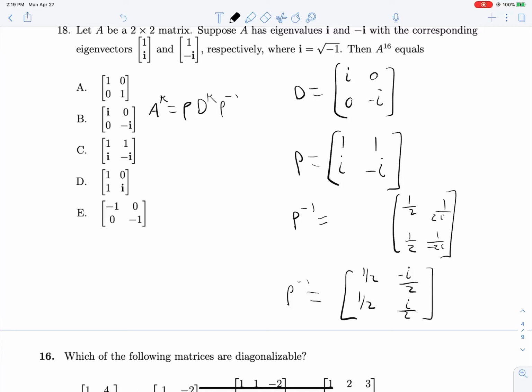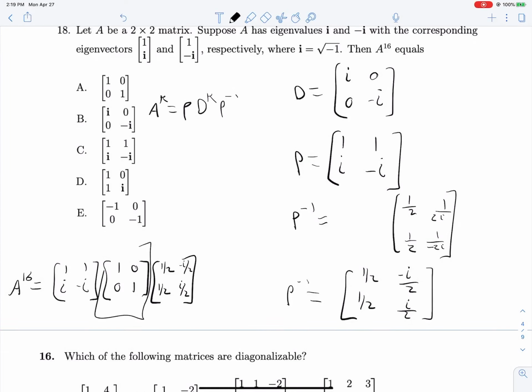So let's now just compute everything out. We'll need to compute P times D to the k. Let's actually just write this out. So A to the 16th is equal to P, which is 1, i, 1, -i, multiplied by D to the 16th. i to the 16th is 1, and so is -i to the 16th. And then we're just multiplying this by P inverse, which is 1/2, 1/2, -i over 2, i over 2.